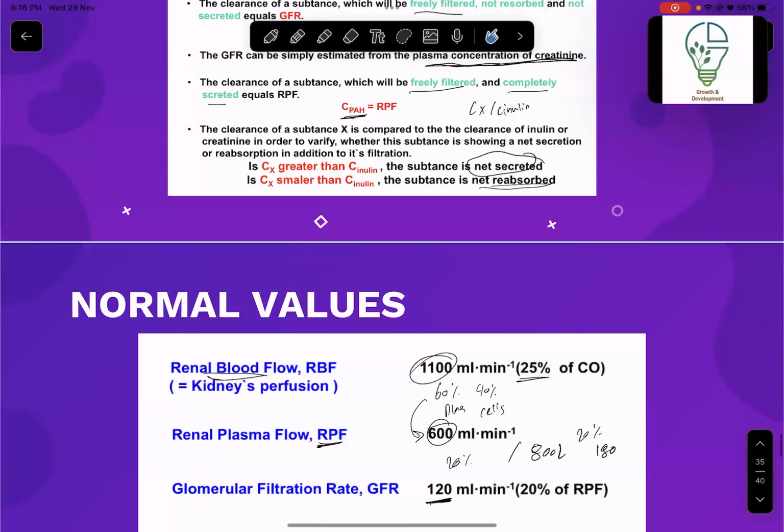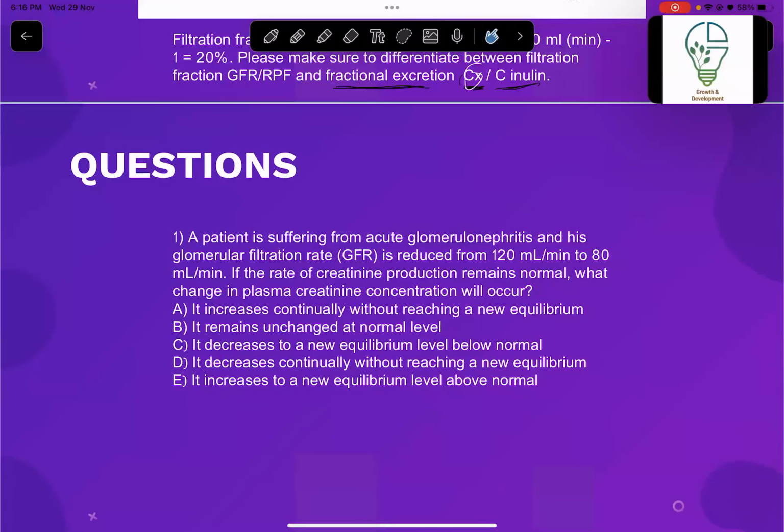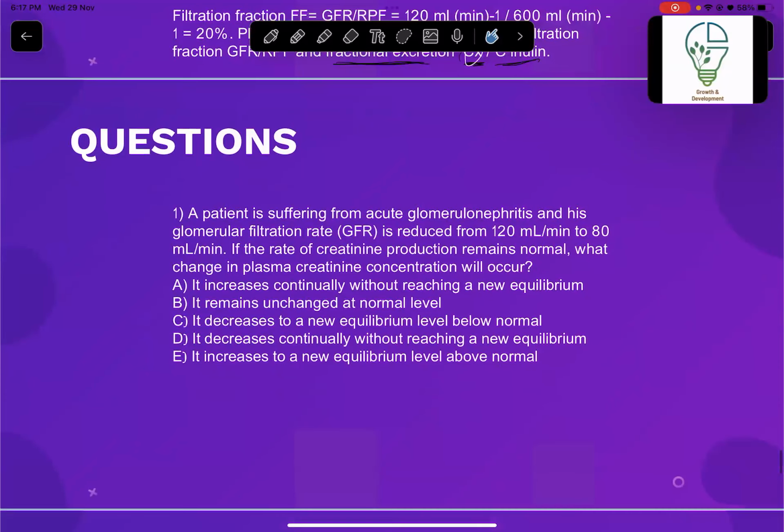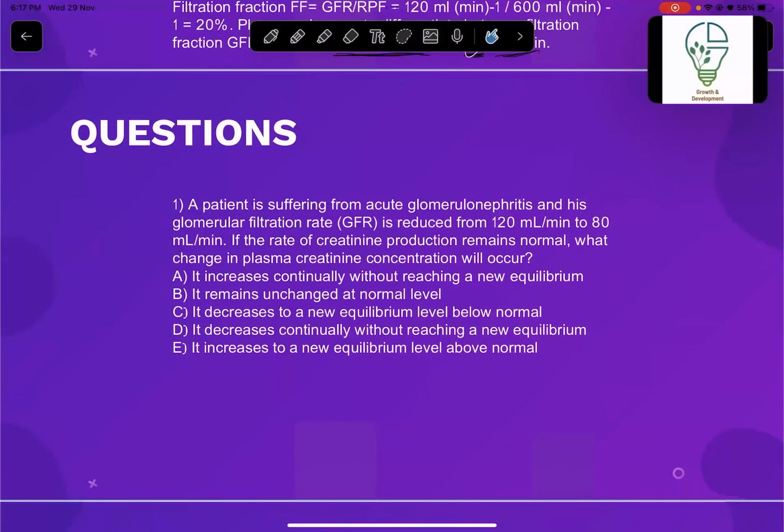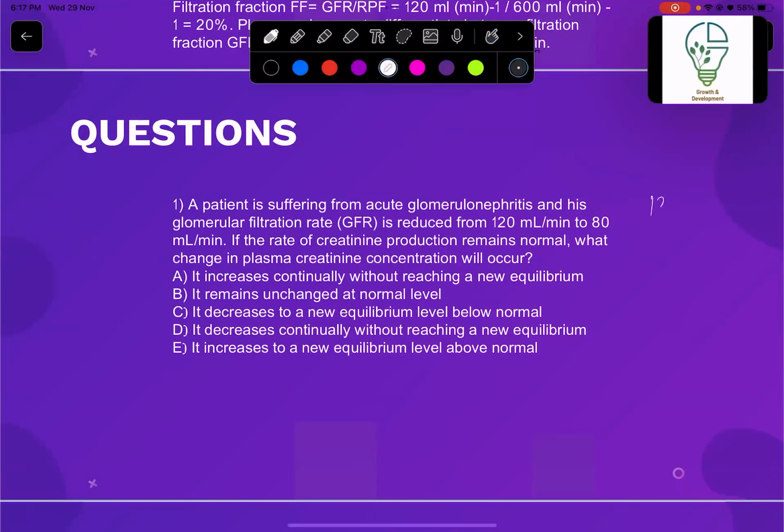Let's go over some questions. So, does anybody want to read? Okay, I'll just read it, and you let me know the answer in the chat. A patient is suffering from acute glomerulonephritis, and his glomerular filtration rate is reduced from 120 to 80. If the rate of creatinine production remains normal, what change in plasma creatinine concentration will occur?